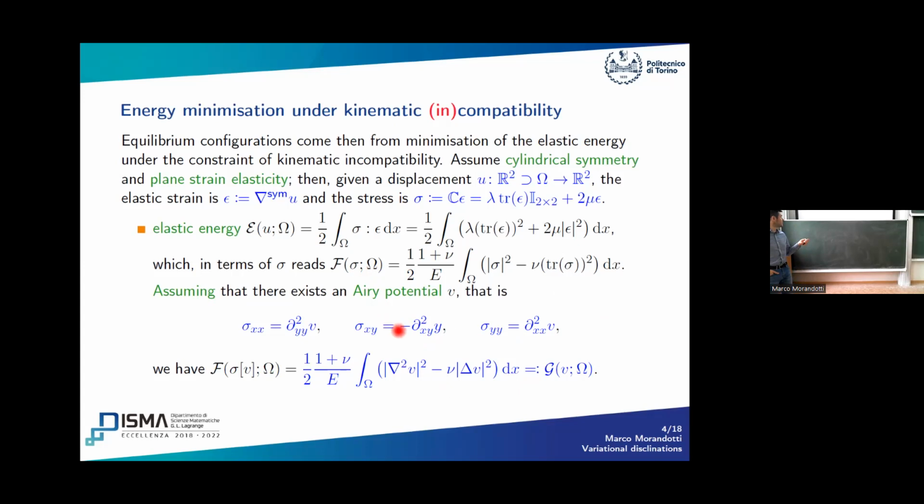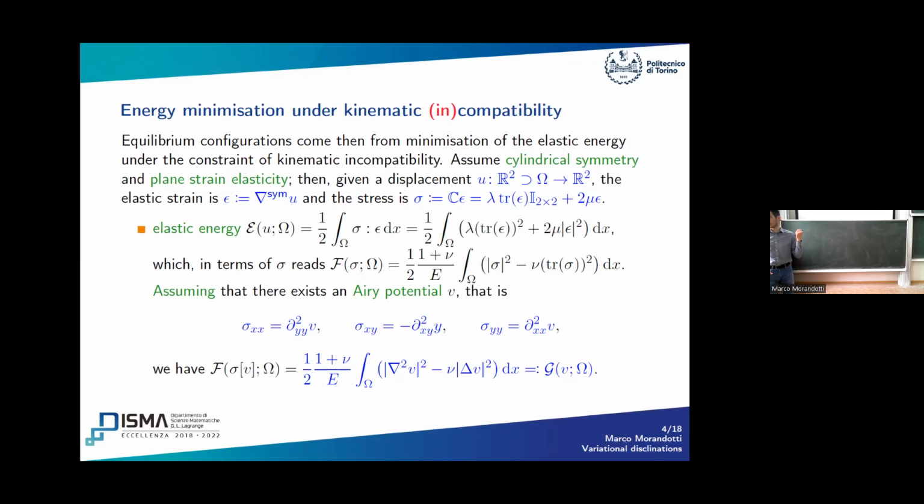Basically, its second-order derivatives with a suitable placement are the components of sigma. Okay, so the component 1 of sigma is the second derivative with respect to y twice of v, and then you've got the switch with the other one, whereas the mixed components are the off-diagonal elements of the sigma tensor with a minus sign.